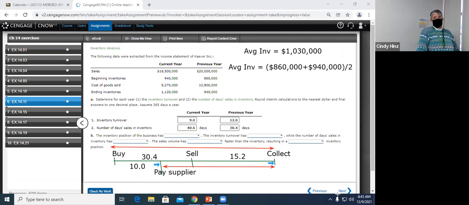So three different calculations go into that, two of which we just did. Number of days sales in inventory: how long from when we buy the product till we sell it. Number of days sales uncollected: how long from when we sell the product to our customers until they pay us. And then this one down here: how long from the time we buy the inventory until we pay our supplier.